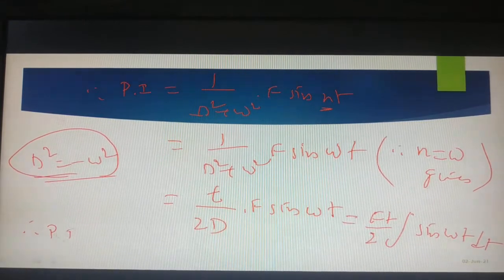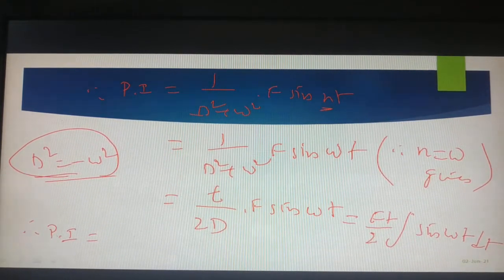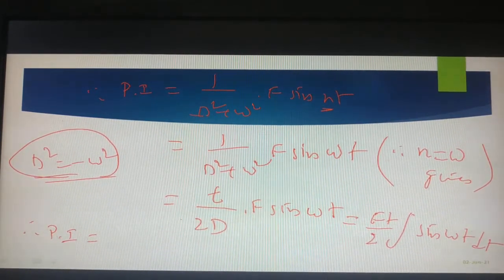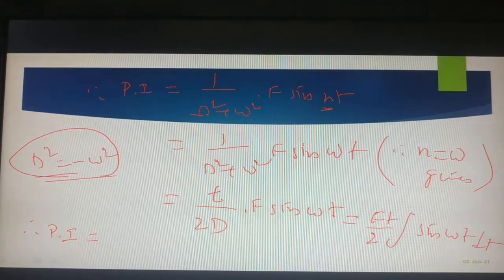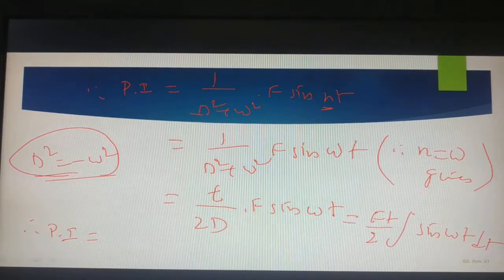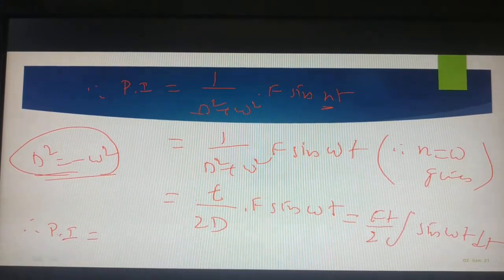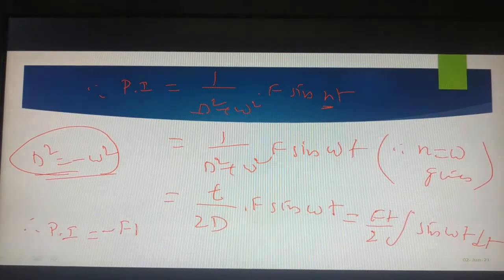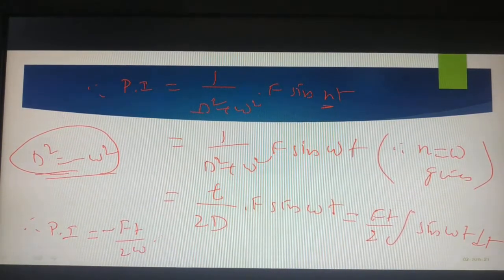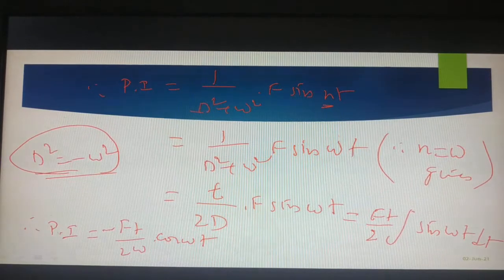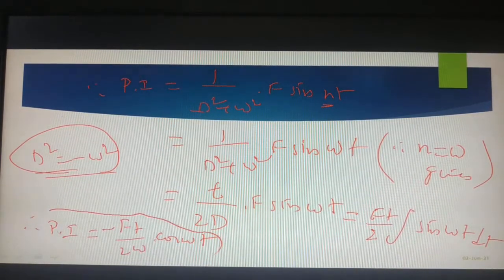So what is your particular integral? Yes, the integral of sin omega t is minus cos omega t by omega. So that means minus F t by 2 omega into cos omega t. This is your particular integral.